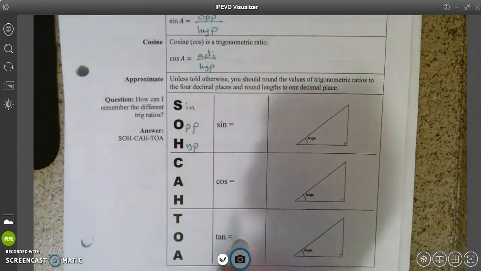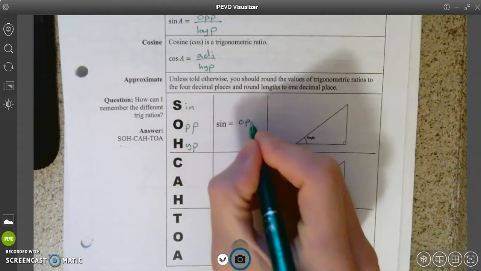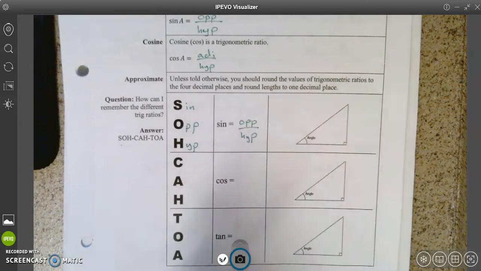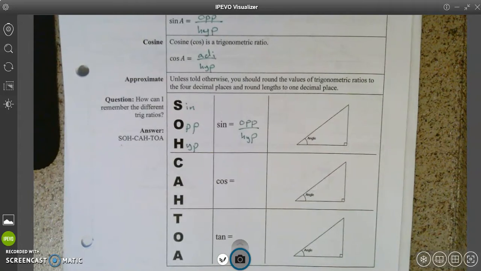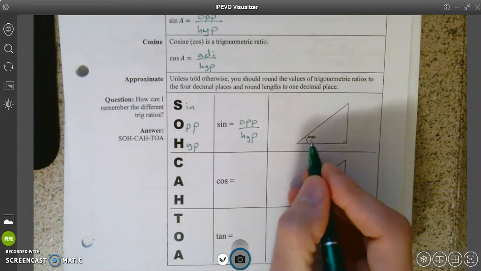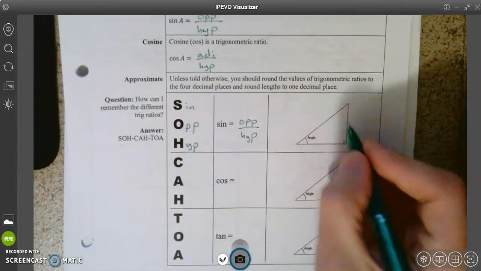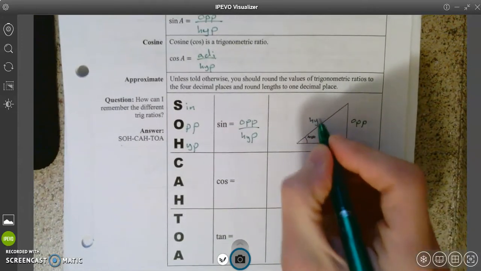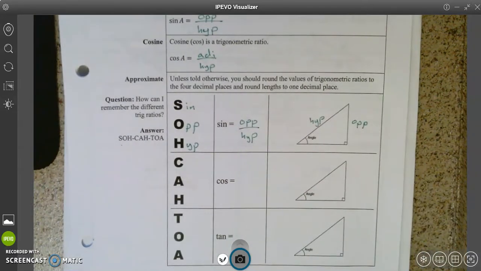And then sine is equal to opposite over hypotenuse. So if this is our reference angle, opposite would be here. And hypotenuse, of course, is across from the right angle. We've talked about that a lot.